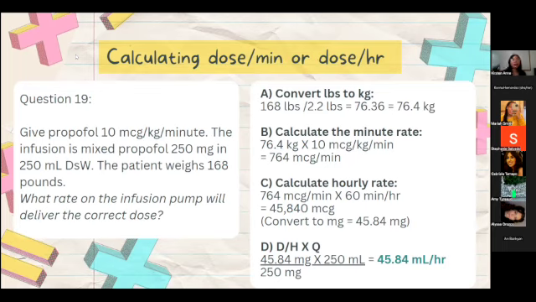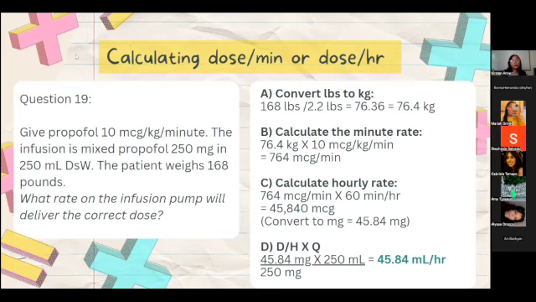In the beginning, it said round to the nearest hundredth, so you can do 76.36 or you can round it to 76.4. Just make sure that you're rounding it at least. And then we're going to calculate how much is going in each minute first. You can convert to micrograms first or minutes first. It doesn't really matter, just as long as you're converting at the end.